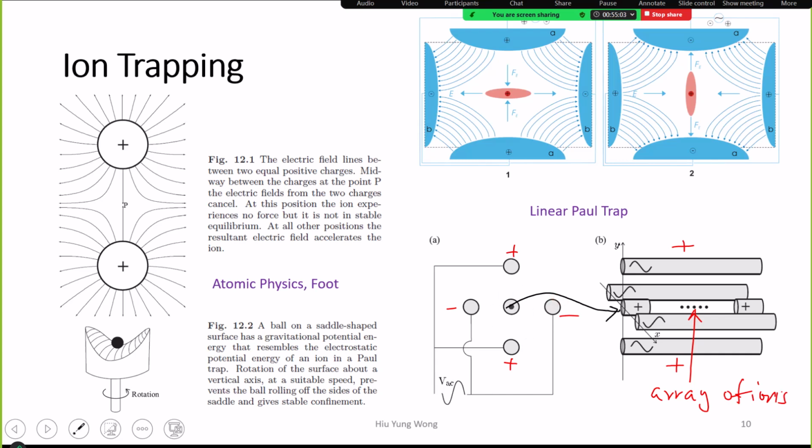But I apply an AC signal so that later this will become minus and this will become plus. Then it won't go laterally. It will try to go up again. But before it can go up, the AC switches to plus already. Then you squeeze it back. Make sense?